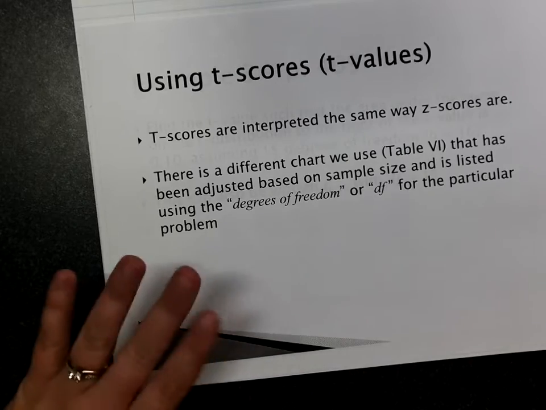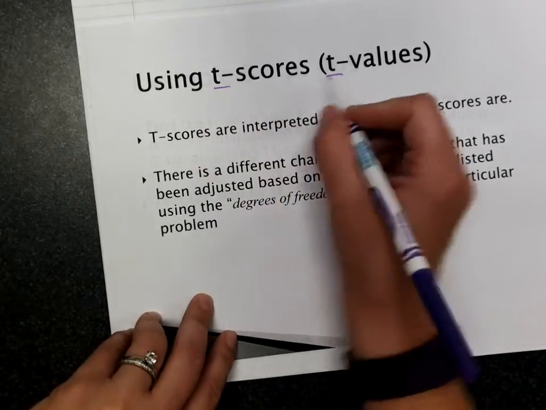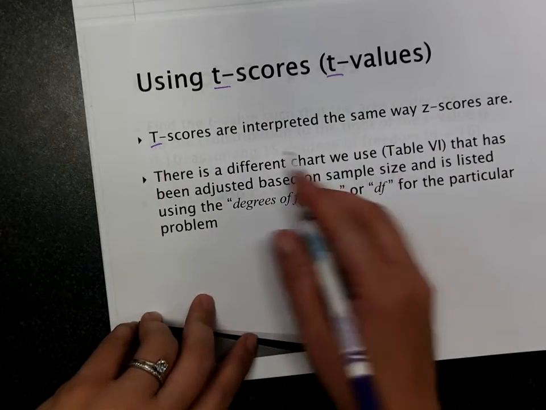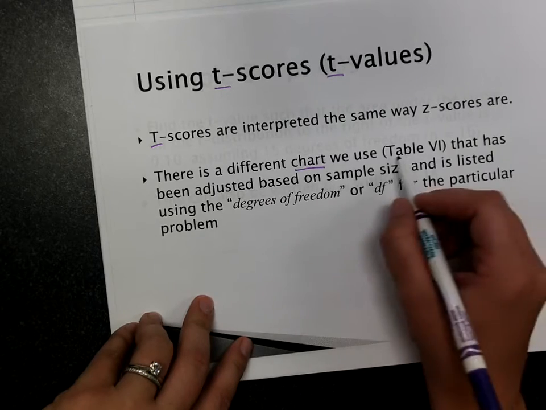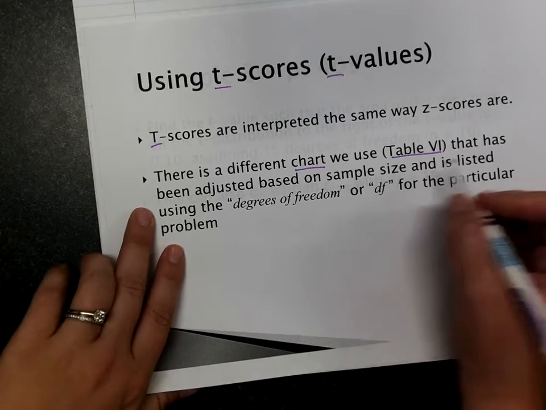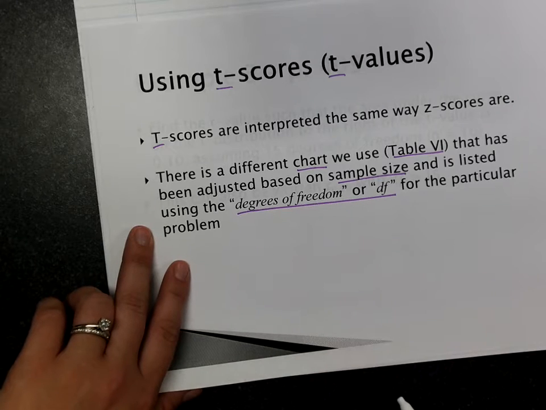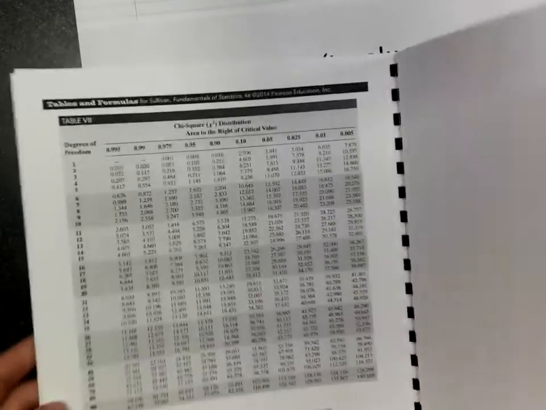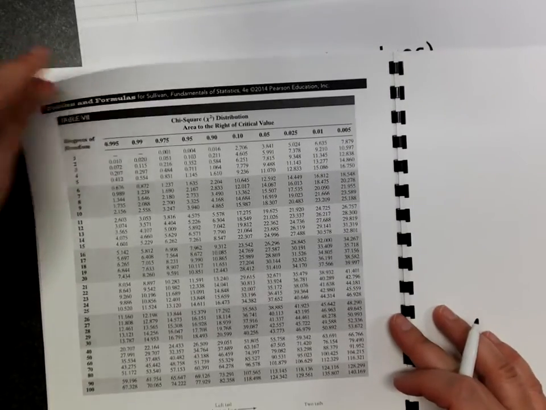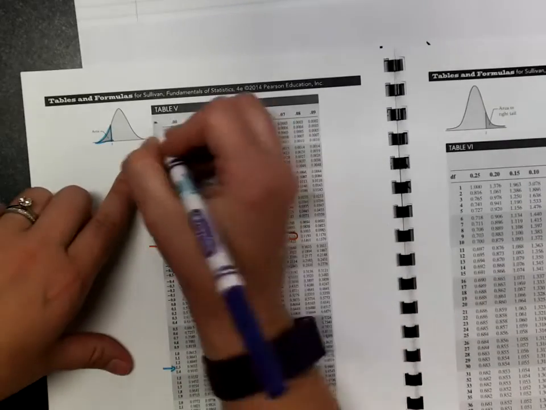These t-scores or t-values are interpreted the same way z-scores are. There's a different chart that we're going to use, which is Table 6, that has been adjusted based on sample size and is listed using the degrees of freedom for the particular problem. So if you look in your formula book, Table 5 has the z at the top.